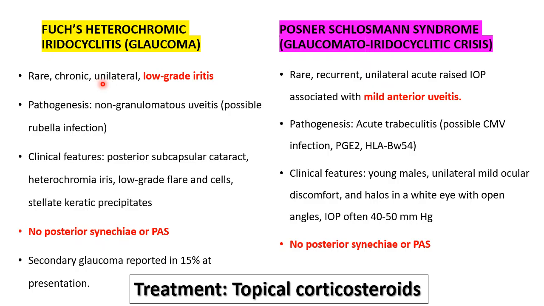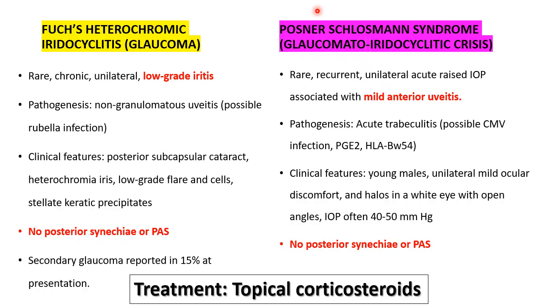It is unilateral and the uveitis is of low grade, and anterior. It's an iritis, right? So, clinical features: posterior subcapsular cataract, heterochromia iris, that is different colored iris, low grade cells and flare, and stellate KPs. Mind you, there are no posterior synechiae or PAS as we saw in the previous slides. Secondary glaucoma is reported in 15% of cases of Fuchs iridocyclitis at the time of presentation.